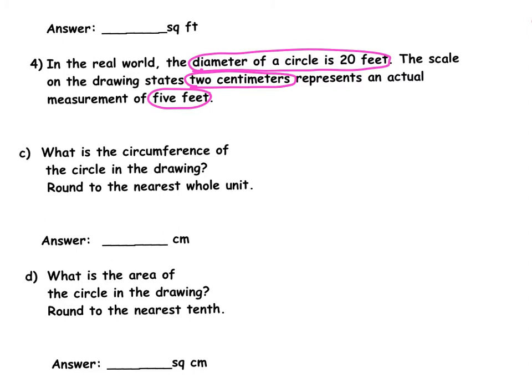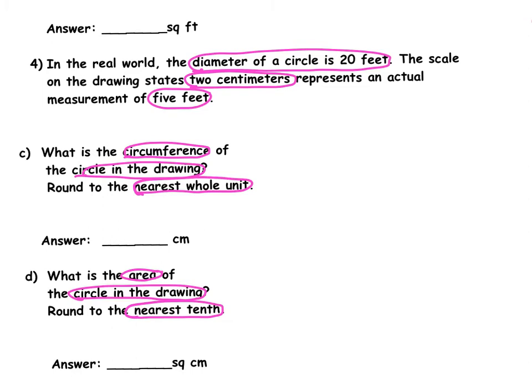The first question, what is the circumference of the circle in the drawing? And we're going to round to the nearest whole unit. And the second question is, what is the area of the circle in the drawing? And again, we're going to round to the nearest tenth.